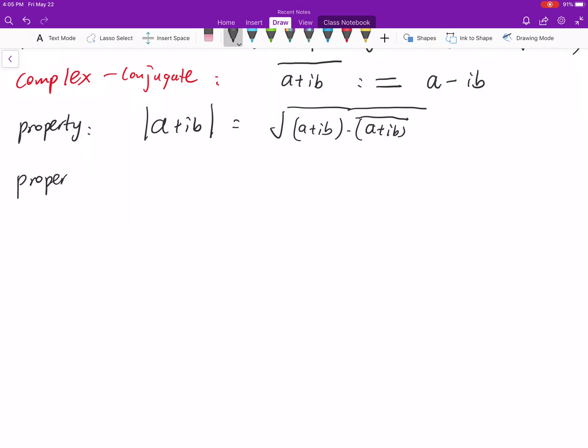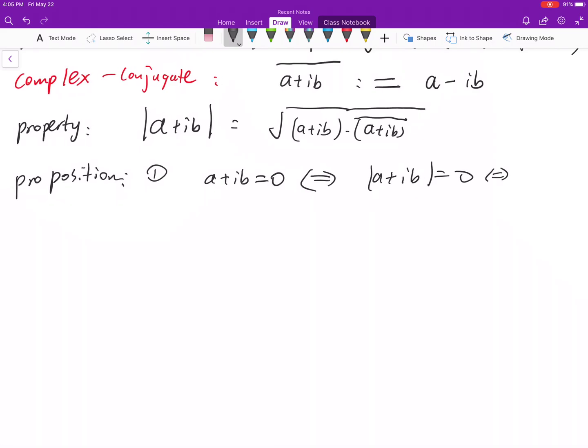Okay, now let's look at some propositions. So first, this is the same as in Euclidean space R2. A complex number is 0 if and only if the norm is 0, and the real part equals the imaginary part equals 0.